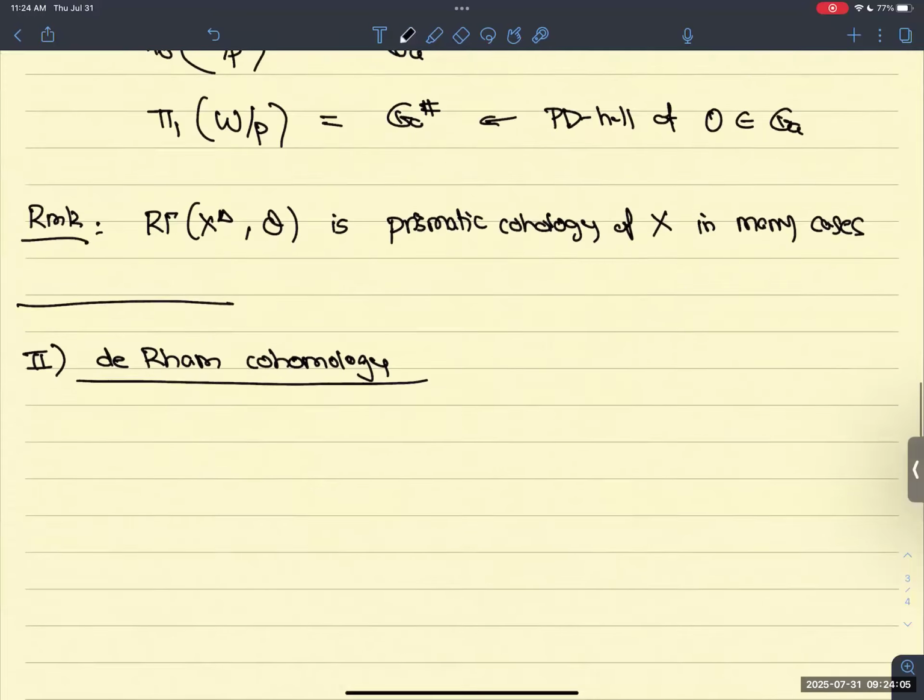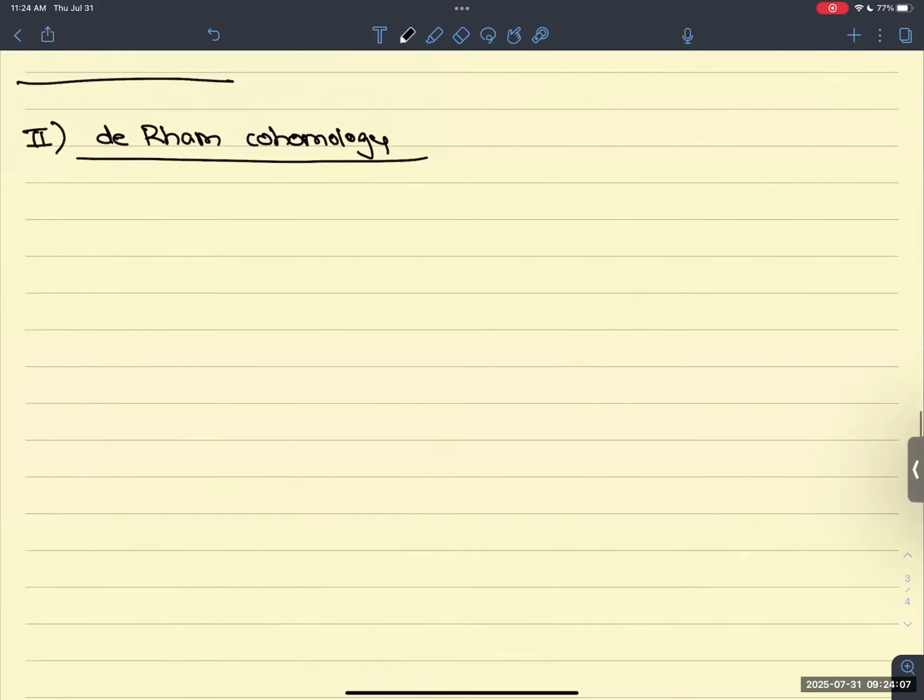So let me explain some statements about the de Rham cohomology of characteristic P varieties that one can prove using this stacky perspective. And so here's a basic theorem about what these stacks look like in the characteristic P case. So let's say X over FP is a smooth variety.